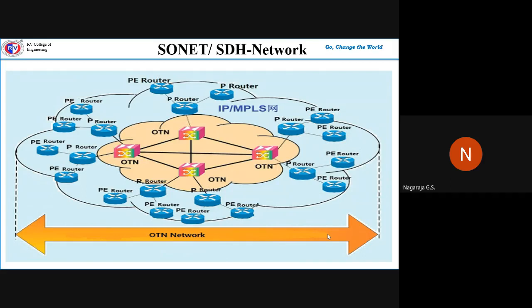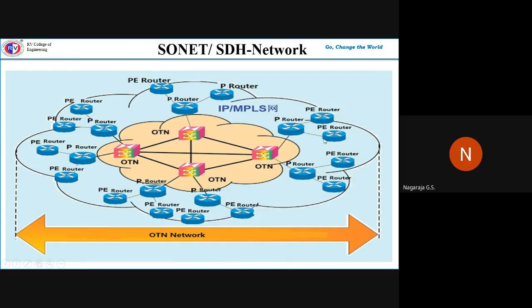One we call a P router, the other is a PE router. I think you can easily observe it. Here is a P router, and on the other side we have the PE router. PE router is the service provider edge router. The P router consists of a number of service provider edge routers.